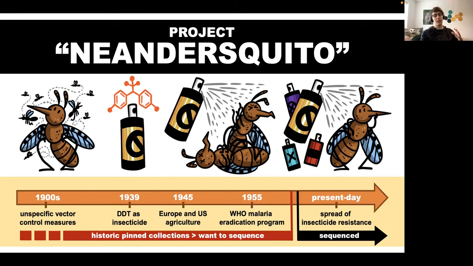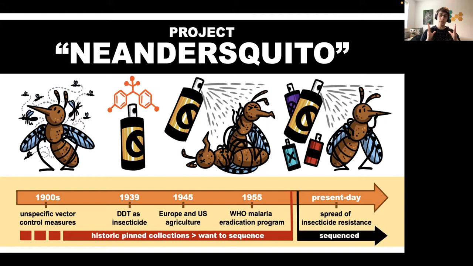So if we go back 100 years ago, there were no specific vector control measures. You could drain the swamp, you could use general poisons, which would affect not just insects, it would affect also other animals like livestock and humans.